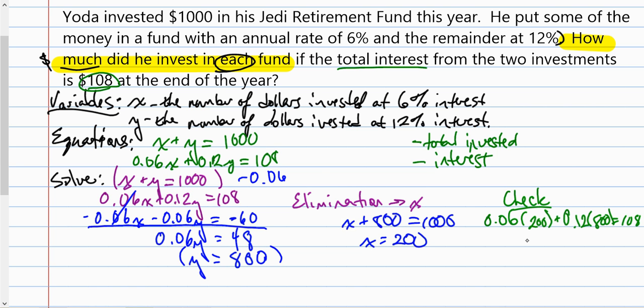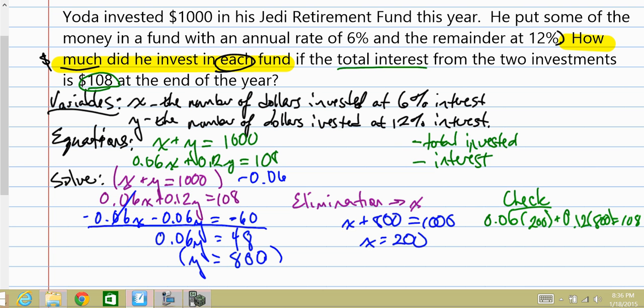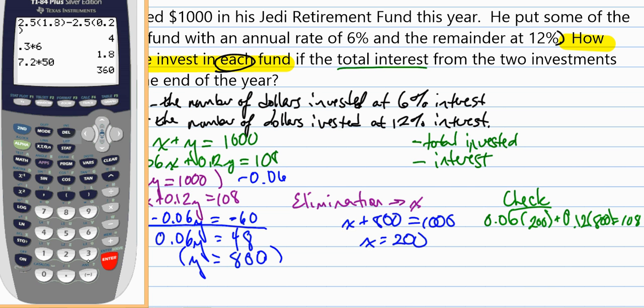0.06 times 200 should give me, doing this in my head again, it's always dangerous. I'm going to do this wrong. So I'm going to bring up my calculator again. Actually, I'll just do it here. You can see. That's fine.